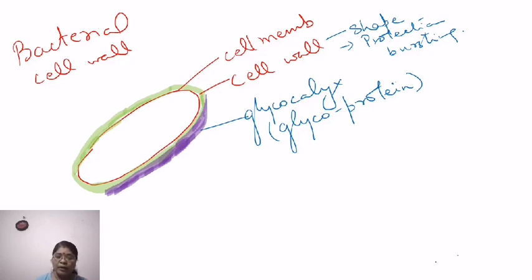This glycocalyx layer is of two types: it could be slimy or it could be capsular.